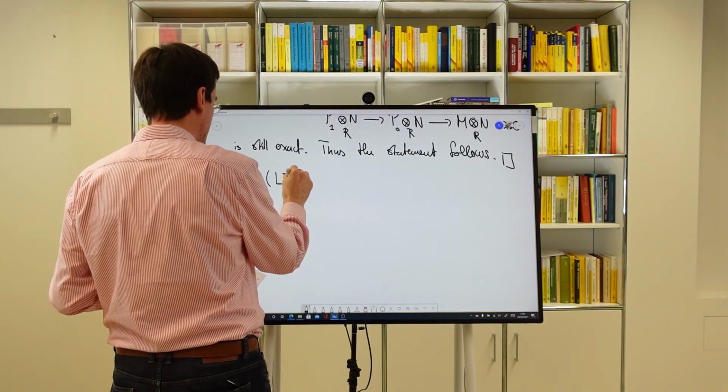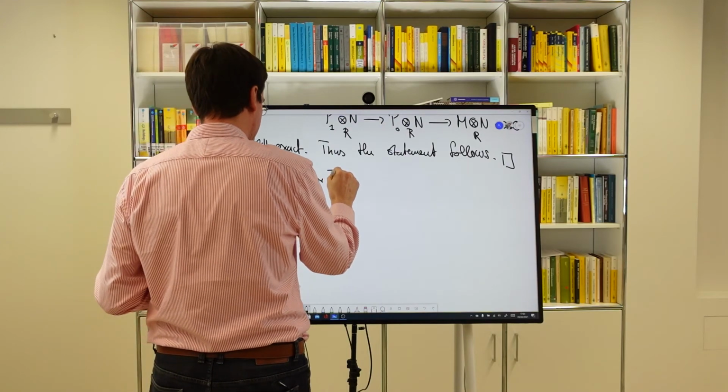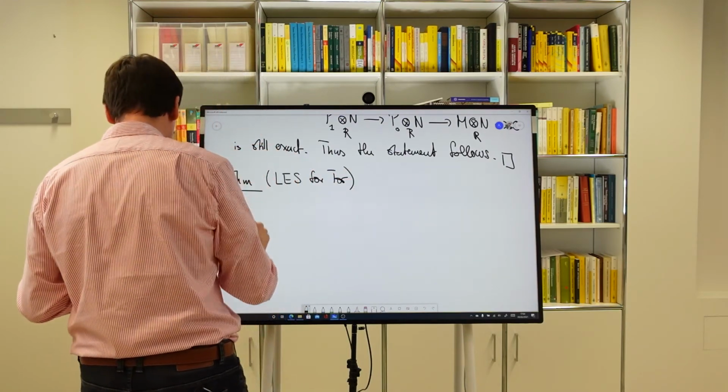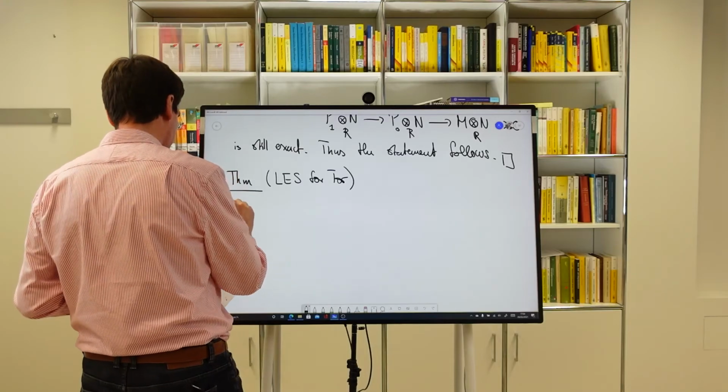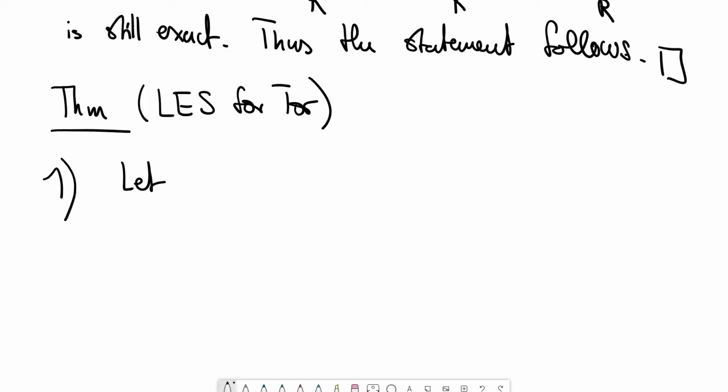So the next theorem states a long exact sequence for the Tor terms. So let the following be a short exact sequence of R modules.